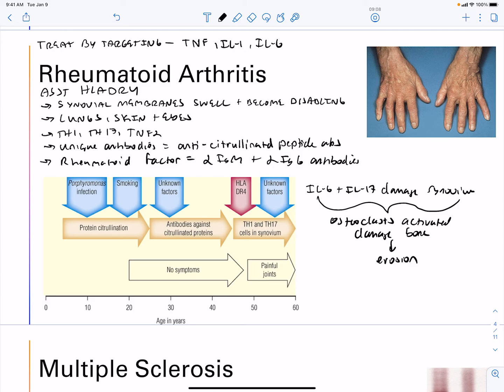Now you have autoreactive T and B cells that are going to recognize the citrullinated proteins.